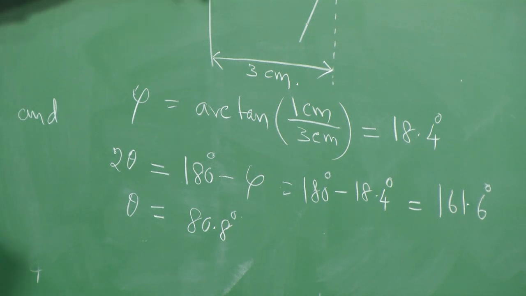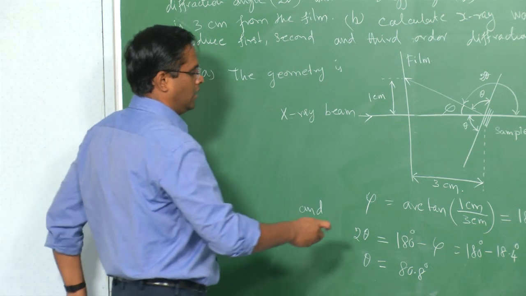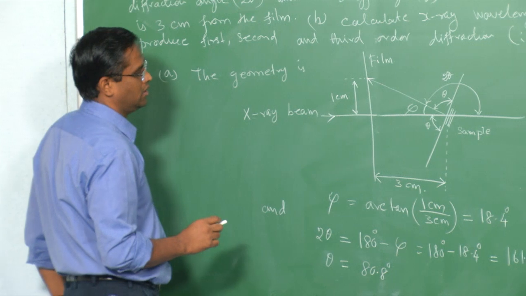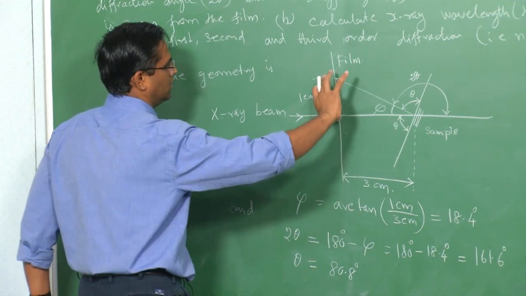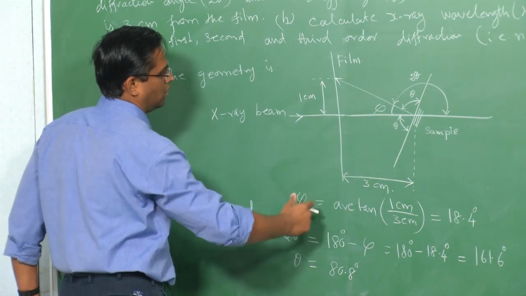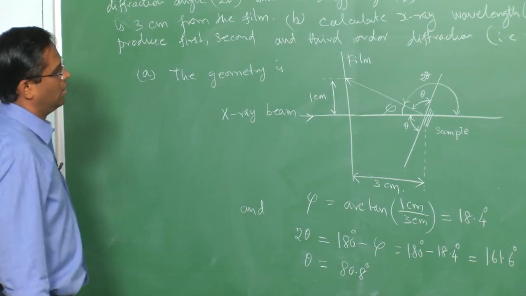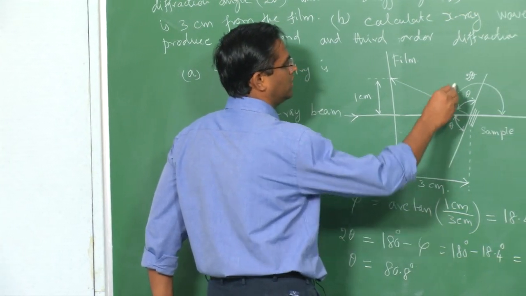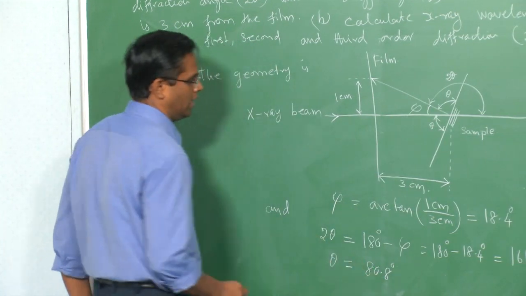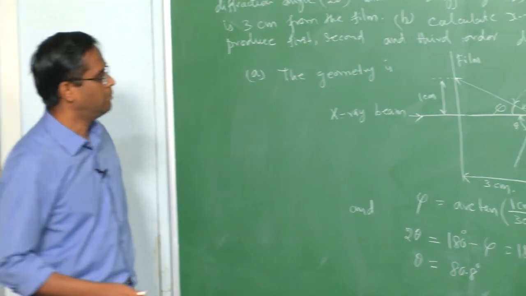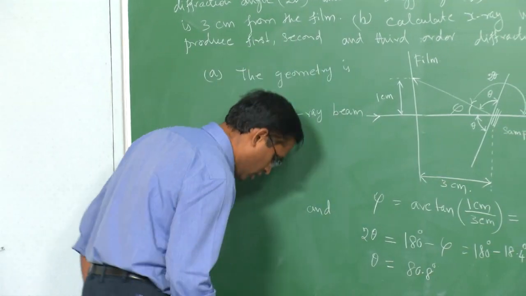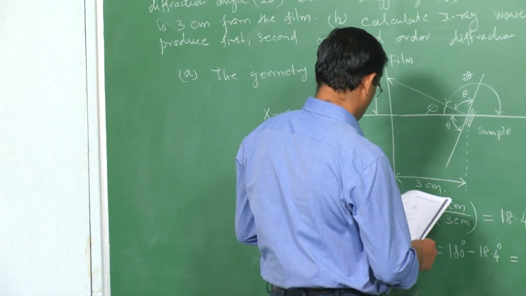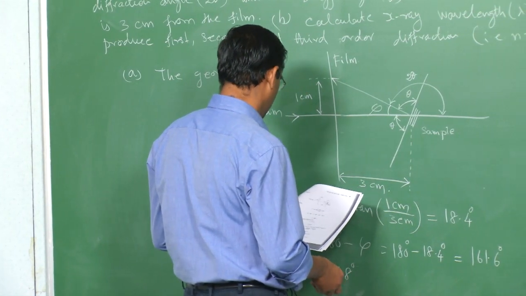If you are able to construct the geometry and write this relation, then everything is straightforward. So, from this distance and this distance, you try to find the angle phi, and from there you can relate that with 2 theta and 2 theta to theta. This is just to test the basic geometrical knowledge, and the rest of them are straightforward.